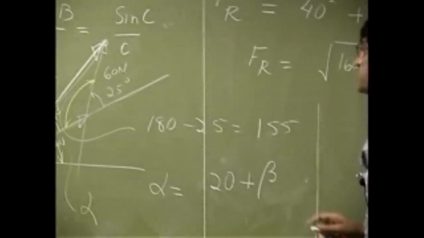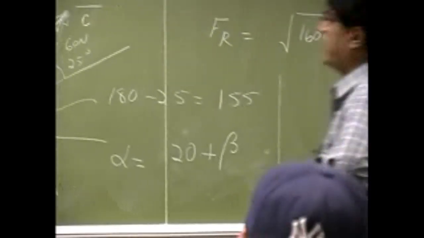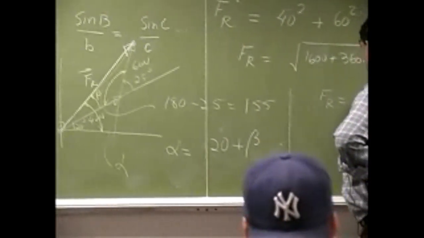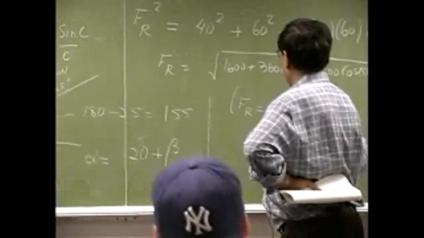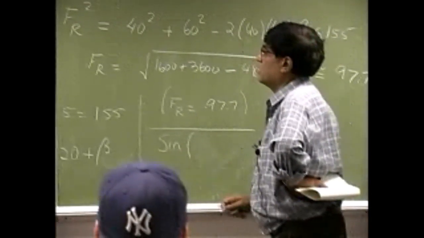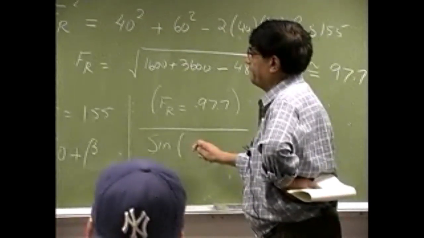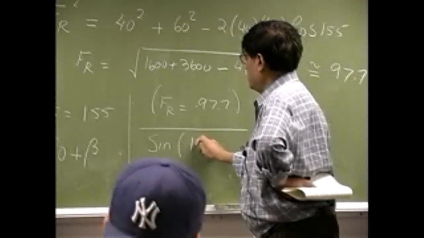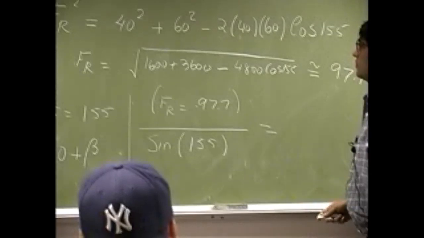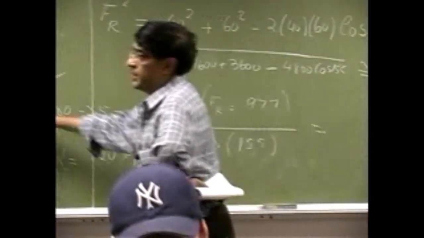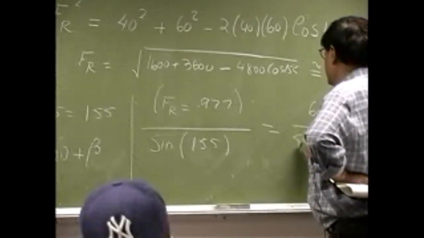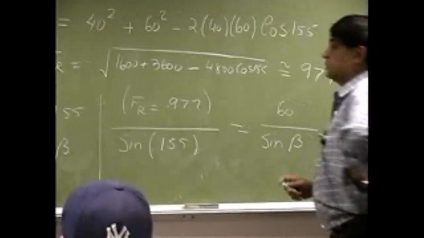So your second set of equations will be, we take this length, which is FR, we just found that as 97.7. We divide this by the angle, which is sine, and the angle we're looking at will be 155, equals, we got this side at 60, and we divide this by sine of angle beta.